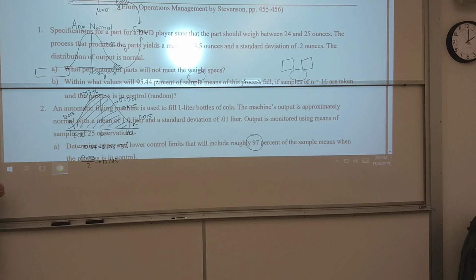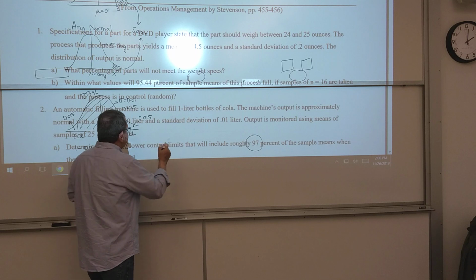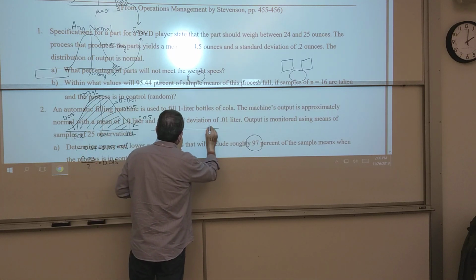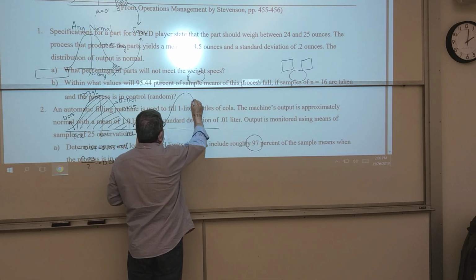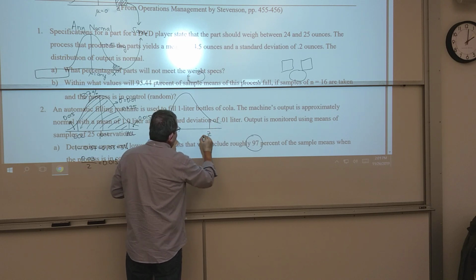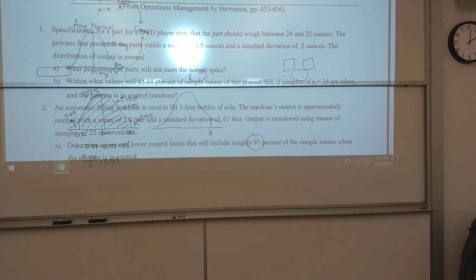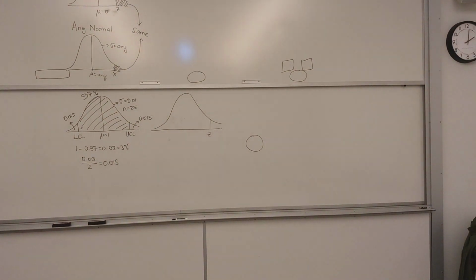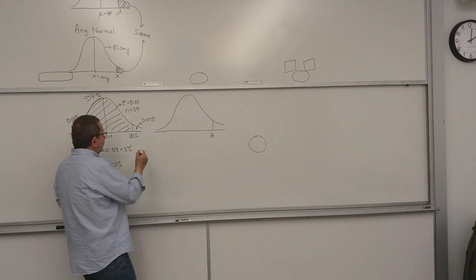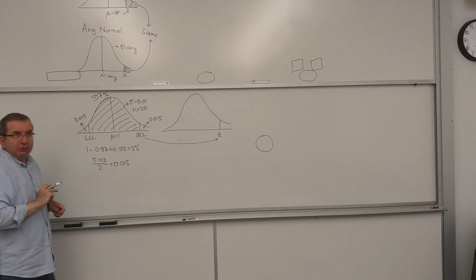So then we can go to the standard normal. Okay. So we want to find the z-value that corresponds to the upper control limit. So which value of z corresponds to the upper control limit?